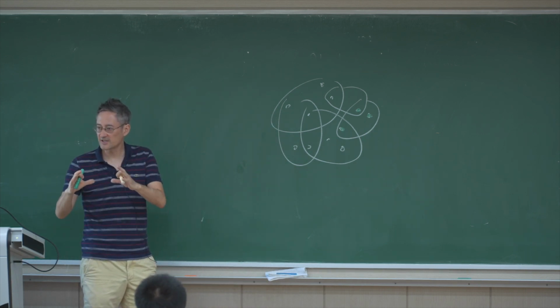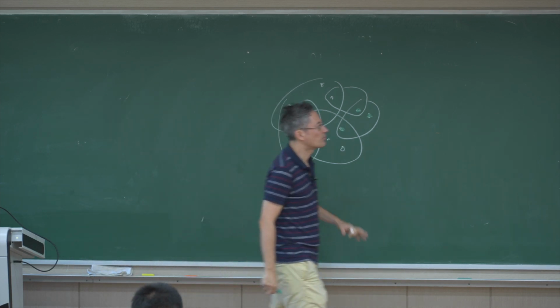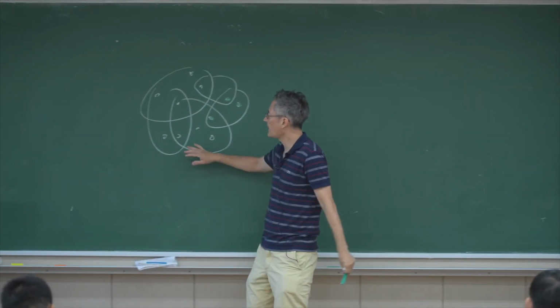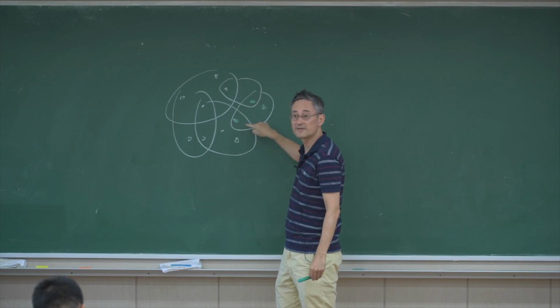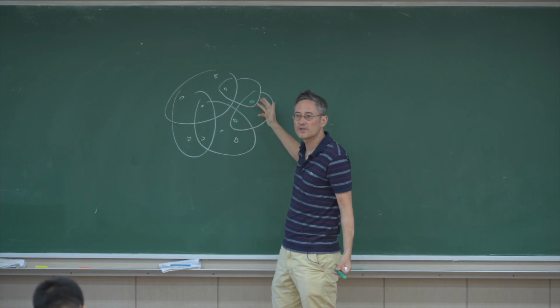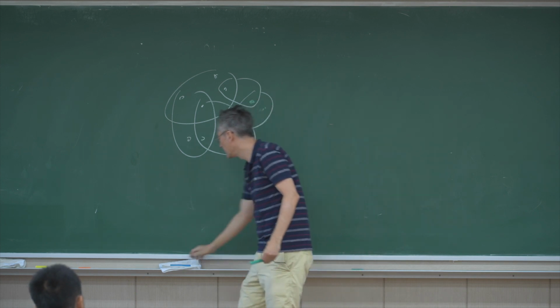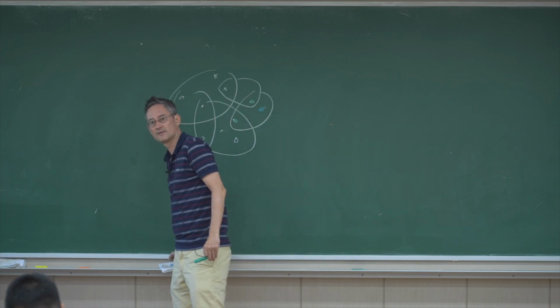I don't want an edge where all the vertices have the same color. That is one version of the chromatic number of a hypergraph. Some people have a different notion: you want to color the vertices so that every edge has all different colors. That could be another way of defining it. But we'll just do the one where there is no edge that has monochromatic vertices.